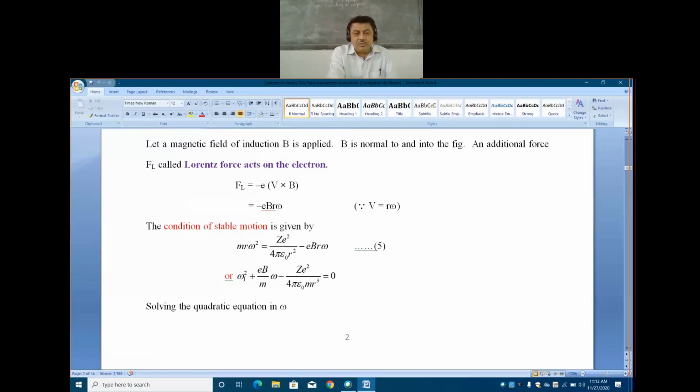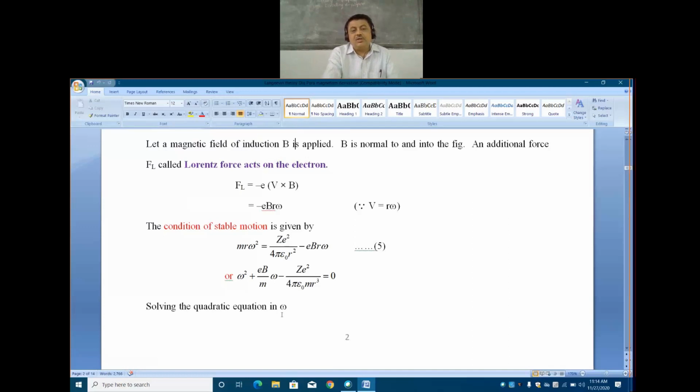We can rewrite this expression. Taking mr to this side and shifting minus eBr omega to the other side, we get omega square plus eB omega by m minus Ze square by 4 pi epsilon naught m r cube equal to 0.